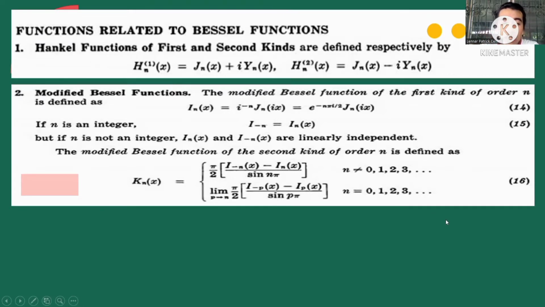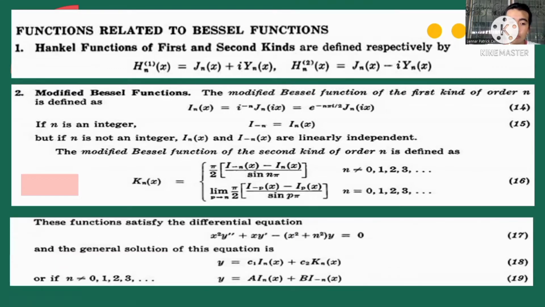And below, the limit as p approaches n of I sub minus p of x minus I sub p of x over sine p pi, where n is equal to 0, 1, 2, and 3.